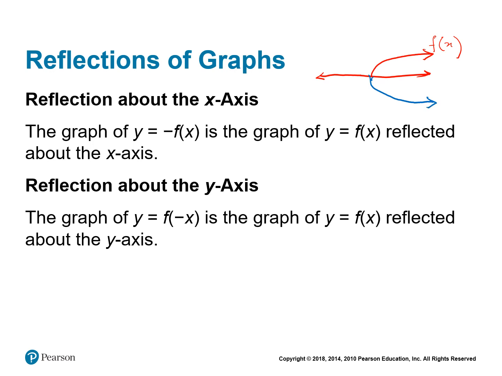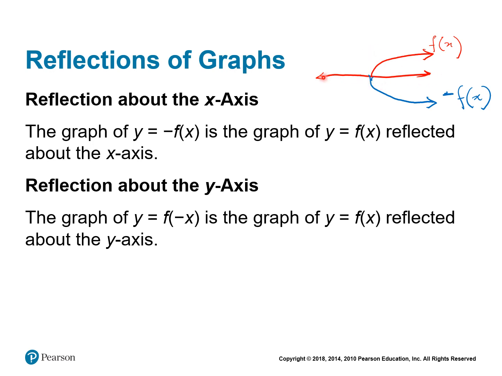The reflected graph will be of the form minus f of x. That means all the y values found from f of x will be negated when a graph is reflected across the x-axis.